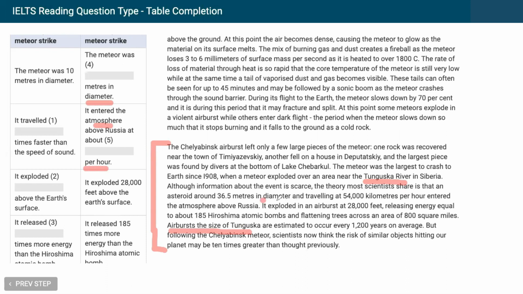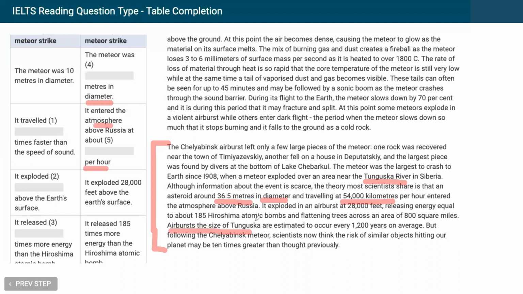Already I see the word diameter here, and it says information about the event is scarce. The theory most scientists share is that an asteroid around 36.5 meters in diameter and traveling at 54,000 kilometers per hour entered the atmosphere above Russia.